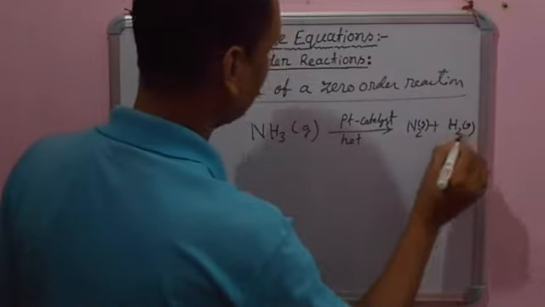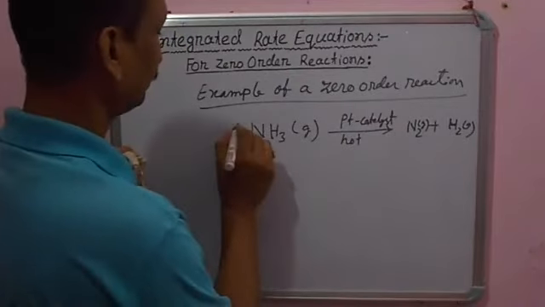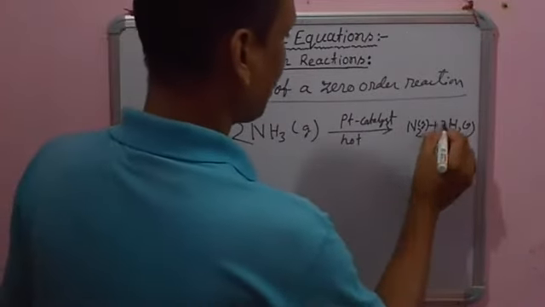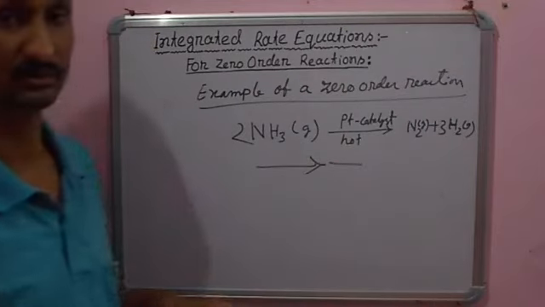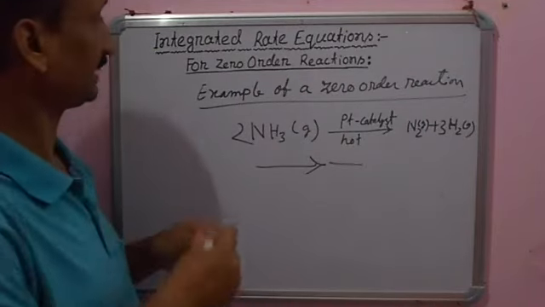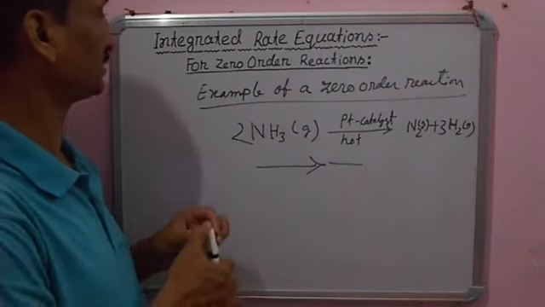This is one example of a zero order reaction, and this is the integrated rate equation for the zero order reaction.